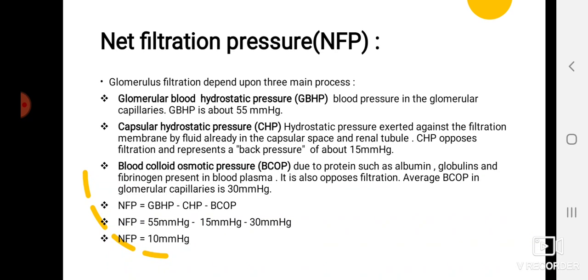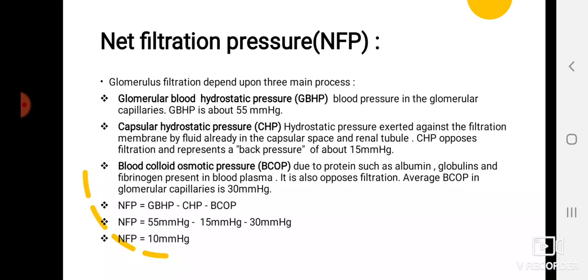The glomerular blood hydrostatic pressure is the pressure produced by the glomerular capillary. The blood pressure in the glomerular capillaries is called the glomerular blood hydrostatic pressure, and this pressure is about 55 mmHg. And what is the capsular hydrostatic pressure?